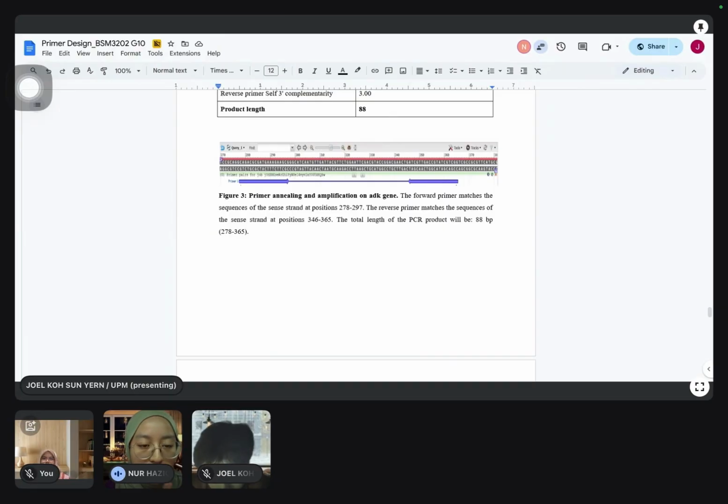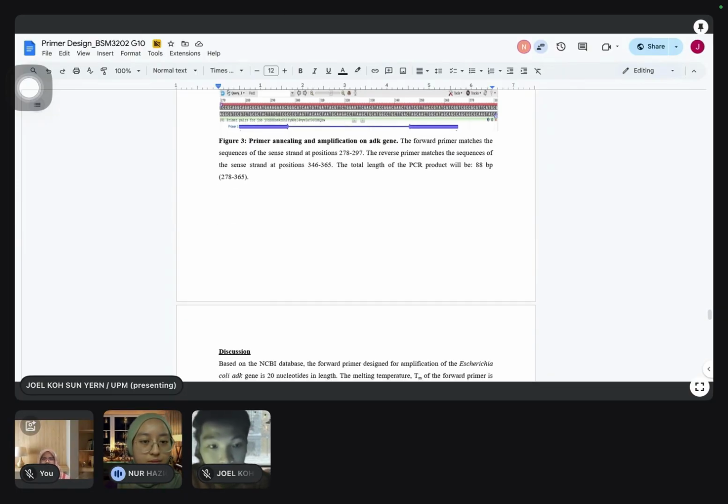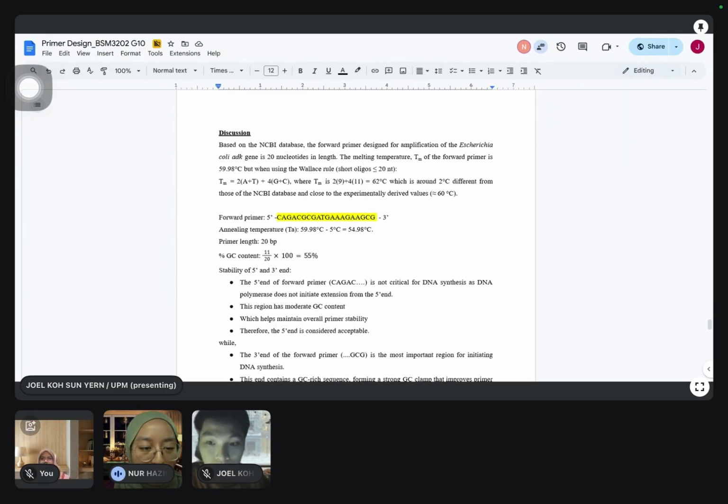On the left side is the forward primer, which matches the sequence of the sense strand at position 278 until 297, and on the right side is the reverse primer sequence of the sense strand at position 346 until 365, and the total length of the PCR product will be 88 base pair. And then move on to the discussion.